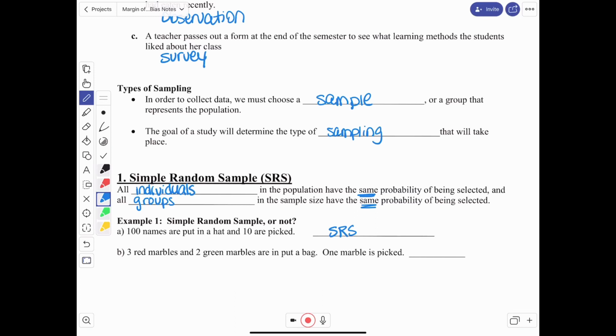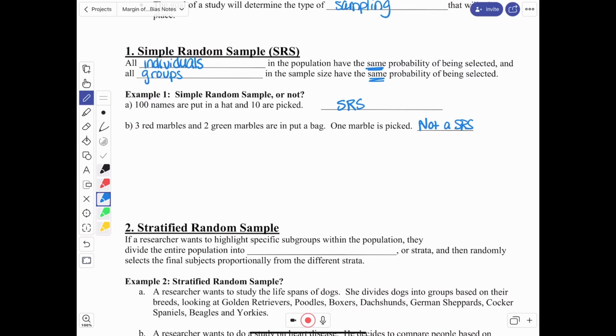All right, 3 red marbles and 2 green marbles are put in a bag. 1 marble is picked. So initially you may think, oh yeah, sure, that's a simple random sample, but actually it's not a simple random sample, because they are not all equally likely.